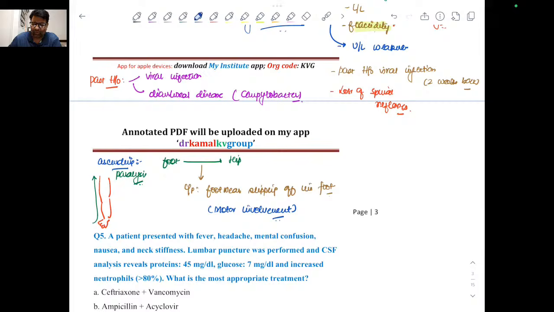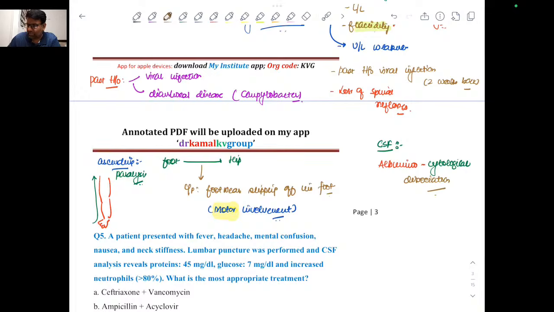Very rarely is there any sensory involvement, less than 10% of cases, but predominantly it is motor involvement, like skeletal muscle involvement. Now in CSF examination there is one term which you should know, and that is known as albuminocytological dissociation.